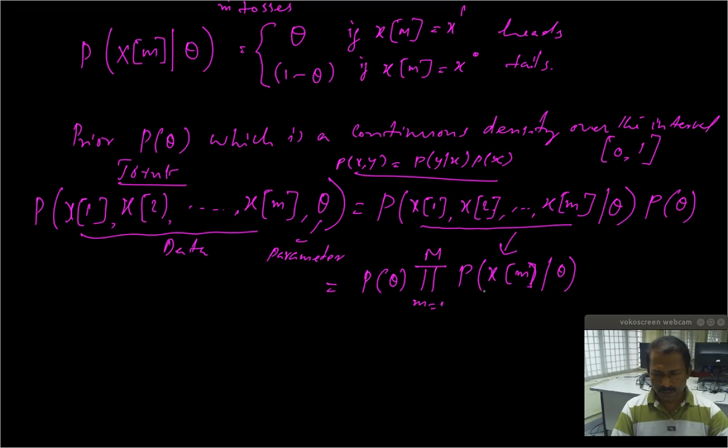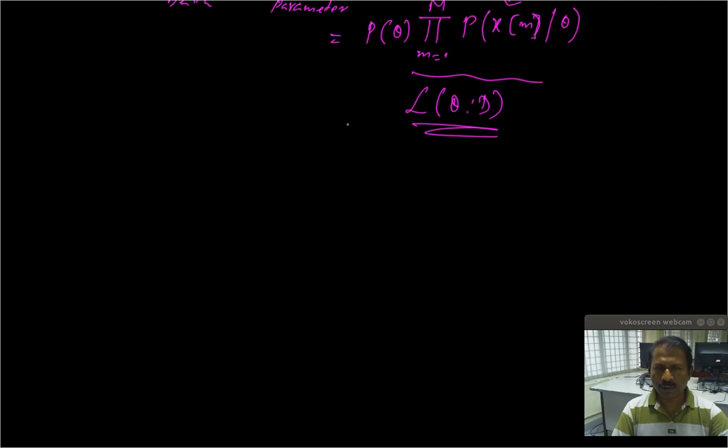Right. So this is our likelihood function L of theta, right? So this part is the likelihood function. We have computed this earlier.